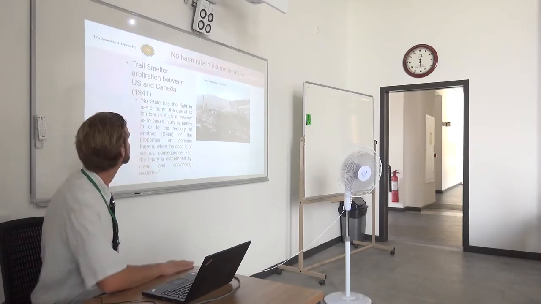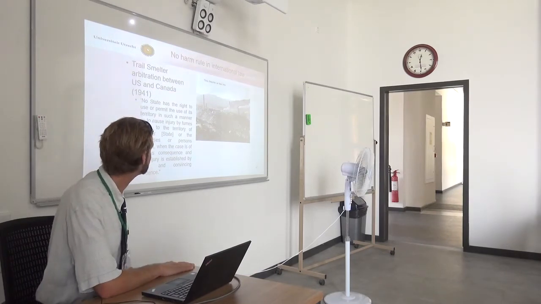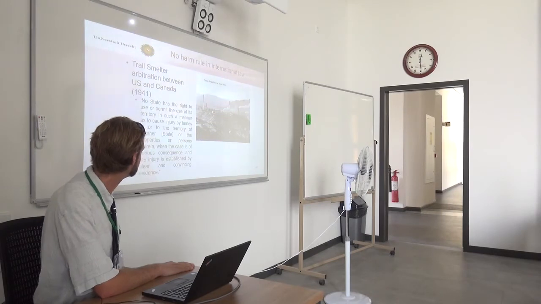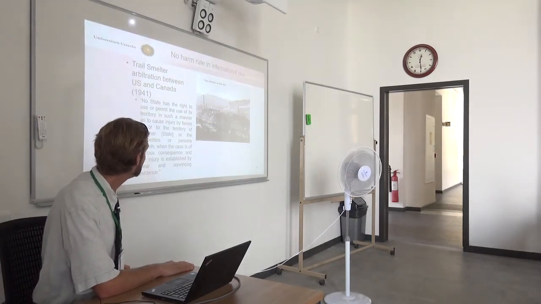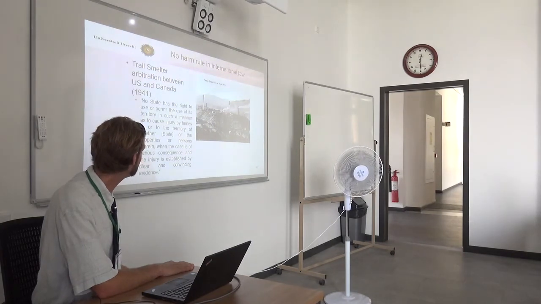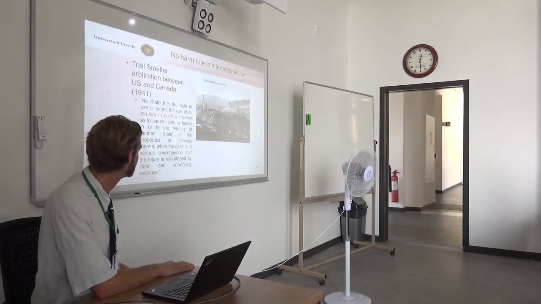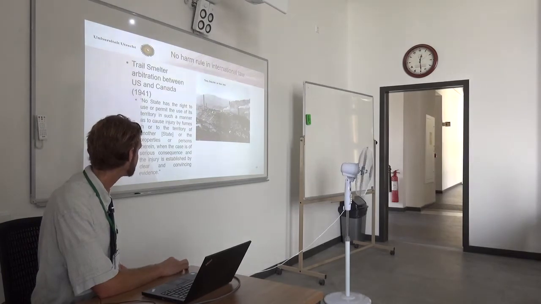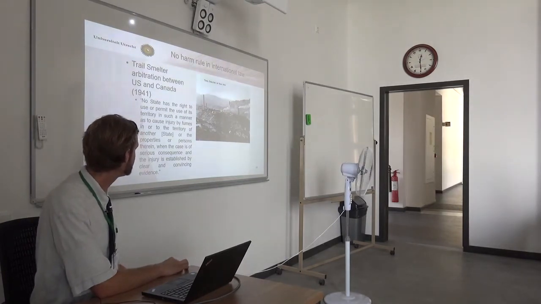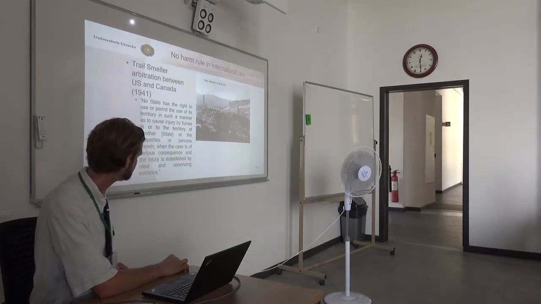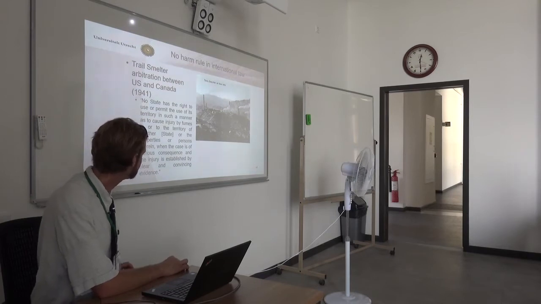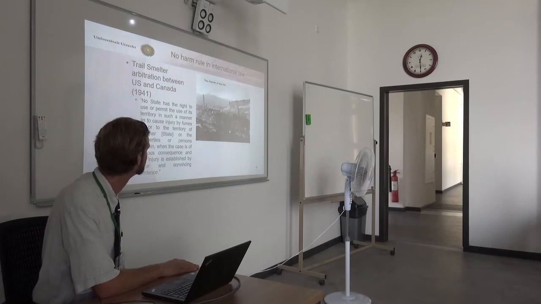So then the US and Canada took the dispute to arbitration, and this is a very famous quote from the award. No state has the right to use or permit the use of its territory in such a manner as to cause injury by fumes in or to the territory of another state or the properties of persons therein, when the case of serious consequence and injury is established by clear and convincing evidence.